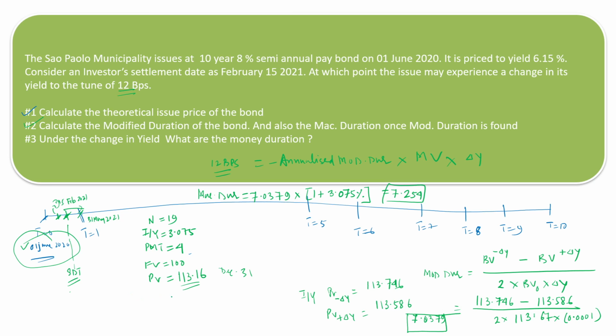We know the yield, which is 3.075%. All that we have to do is project for the period between December 31 and February 15. Practically speaking, there are about 30 and 14, so 44 days.